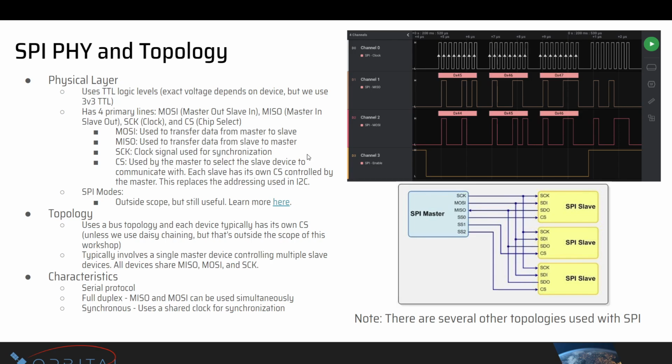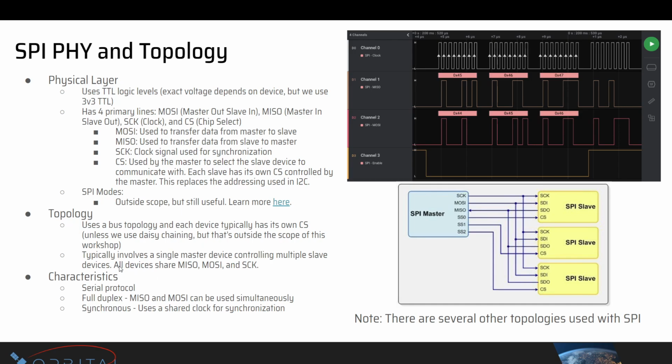This way we don't need addressing, and this saves us those 8 bits that we normally would have had to send for the address. So if I wanted to choose which device I wanted to talk to, since each of them has its own chip select signal, I can just set that certain chip select signal to low, and now it knows that it's being communicated with.